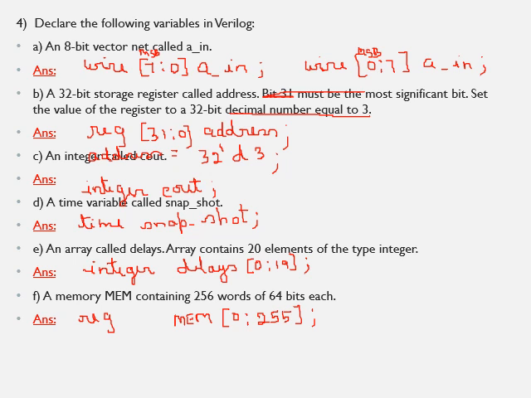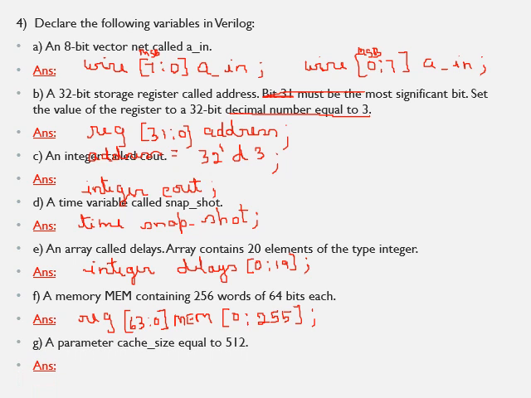Each location consists of 64-bit data, so that should be a 64-bit vector, which I will declare as 63 down to 0. So reg [63:0] MEM [0:255]. This declares a register named MEM with 256 memory locations, each capable of holding 64-bit data.